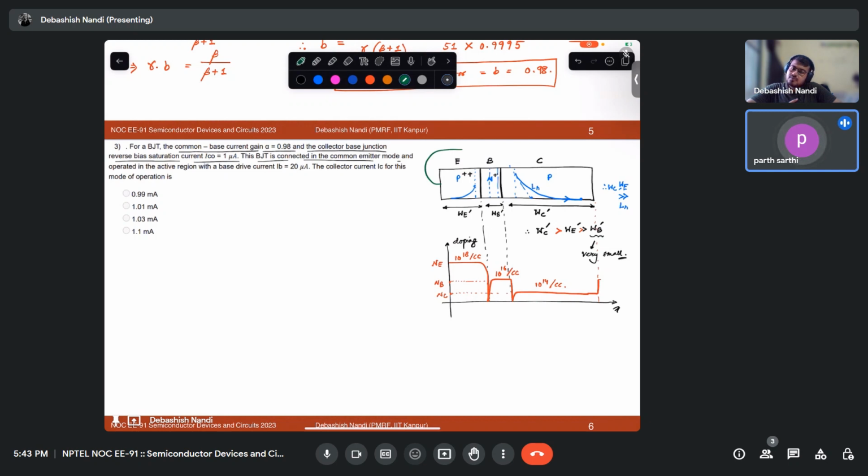If base is moderately doped, then recombination is more. Okay, okay. If you say so, I'll just get back to you on this. I think you are right. Just let me cross check it once. Okay, let's forget this one and let me cross check it once.